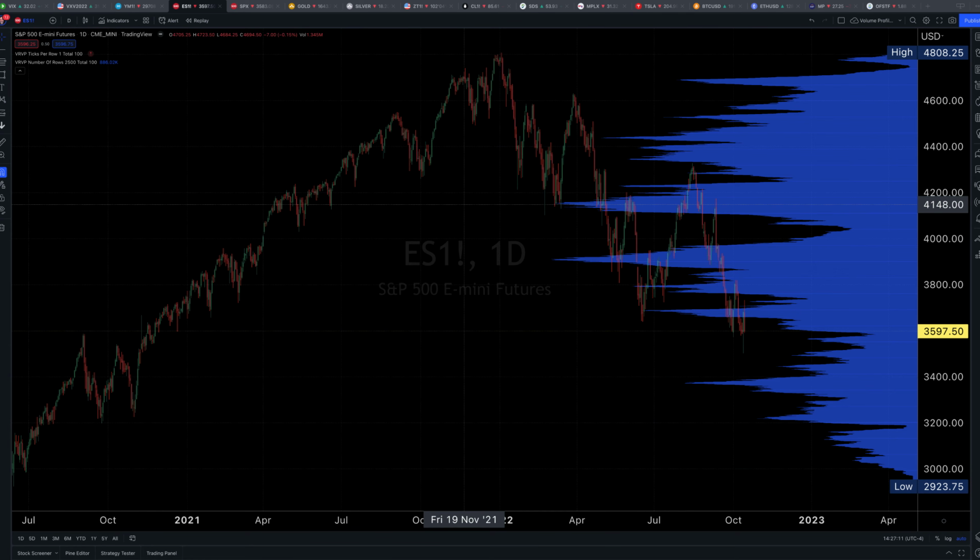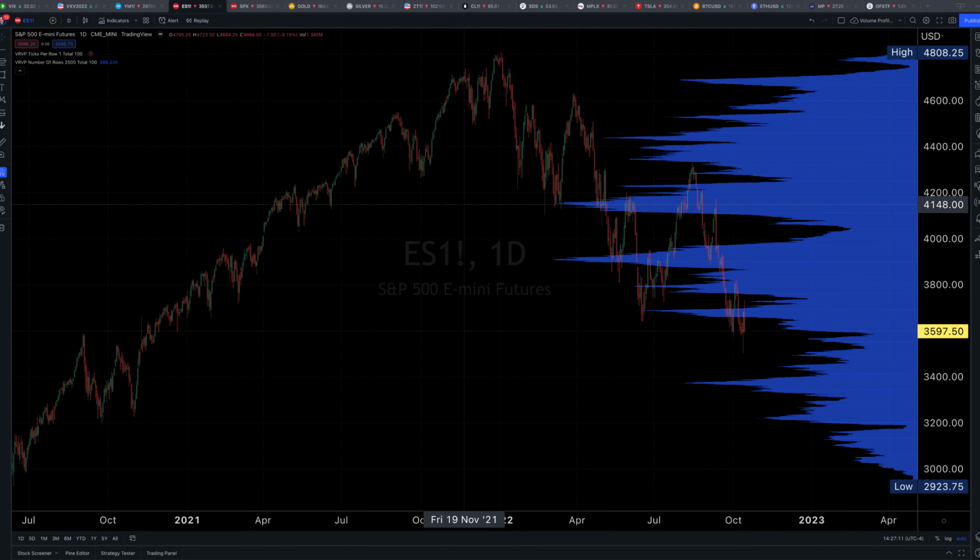But it is the actual structure of that profile, the leading edges of those nodes, as well as the lowest points in the LVNs, or what I call the volume wells, or the lack of nodes, that really have impact, because, from a market point of view, those are like the edges of the footprint that actually create the outline of the footprint.